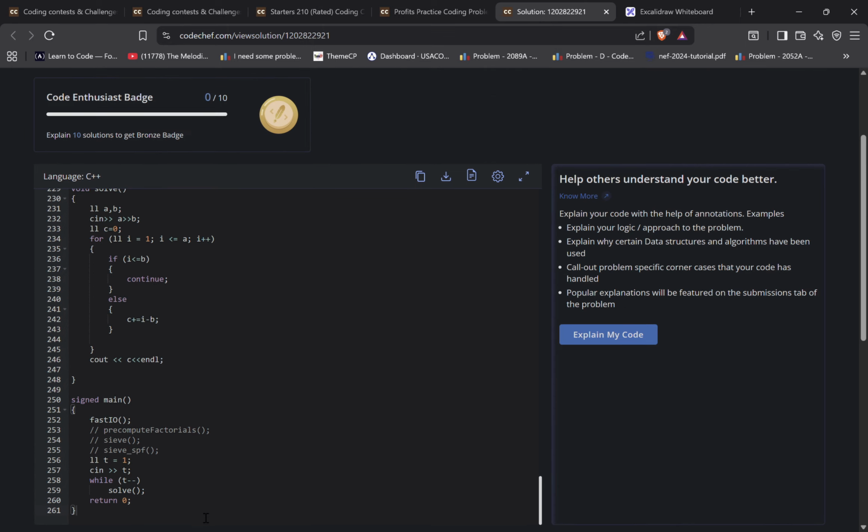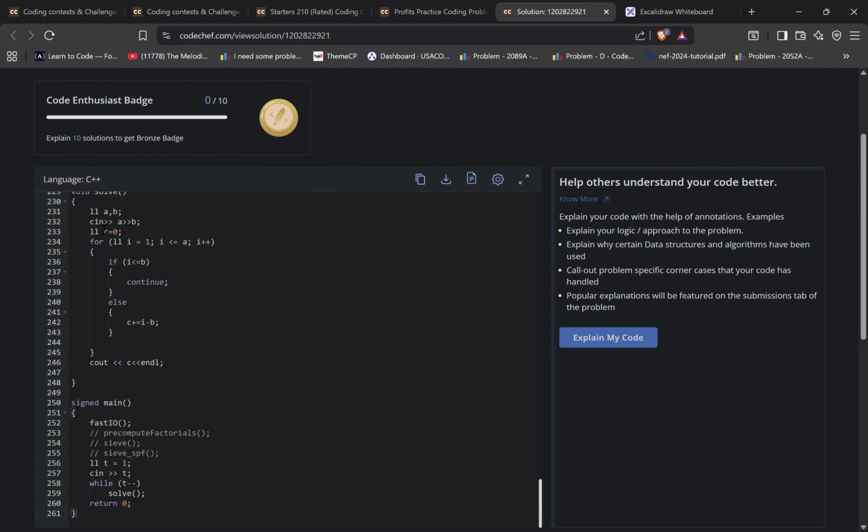Right, so here we took the input A and B. This is my counter variable, the total profit that I have got till now. As long as the number that I am at is less than or equal to B, the cost that I need to make lemonade, I will do a continue.